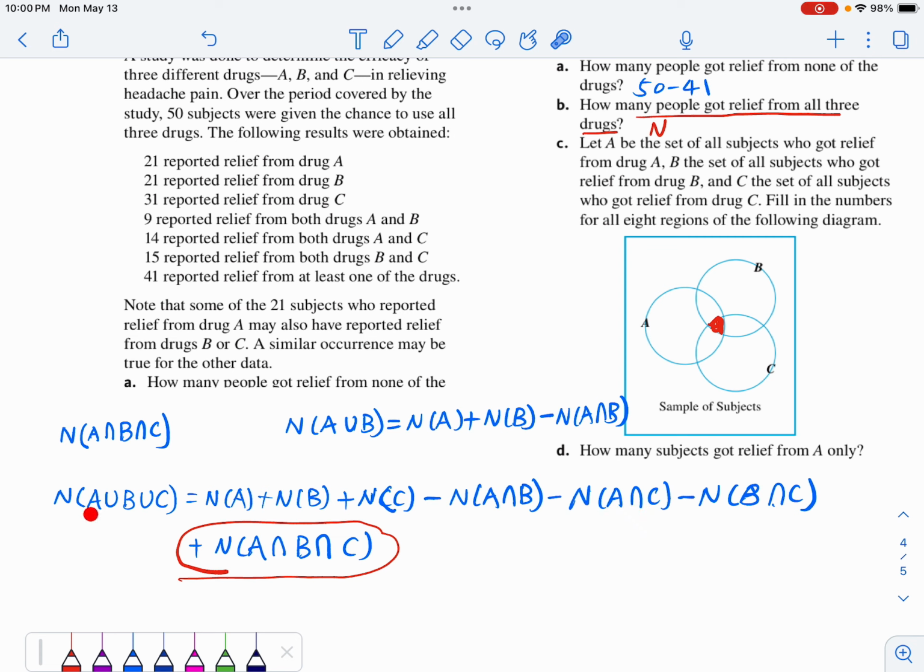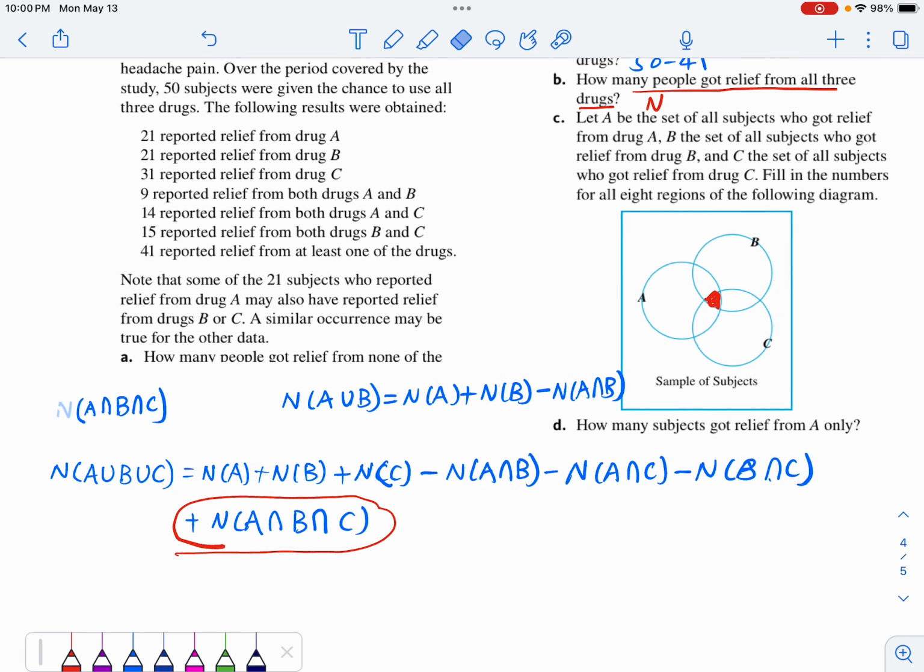So the number of A union B union C is this 41. So if you're okay, let me quickly erase those so that they're not distracting. So in other words, this is 41. N of A is 21, so 21 here.